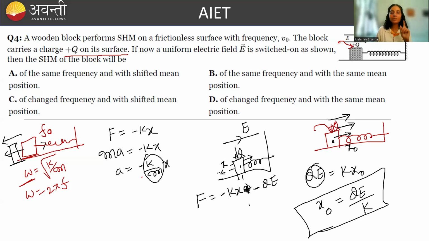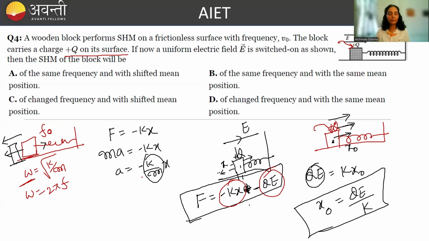Always remember, in SHM, if you are writing the force equation and there is a constant term in it, like in this equation there are two terms, one is minus kx, another is QE. QE is basically a constant term, not depending on x, while this term is dependent on x.